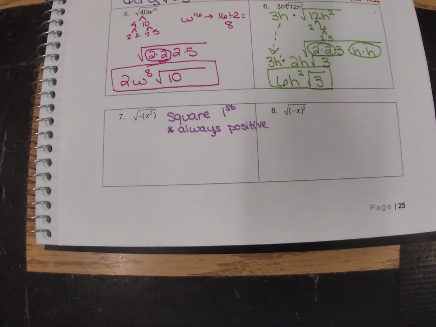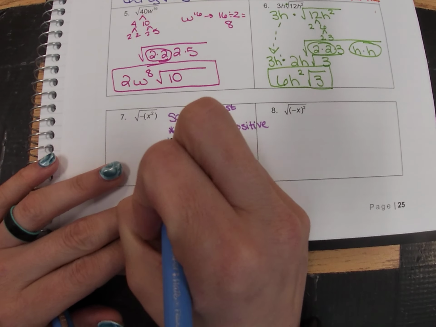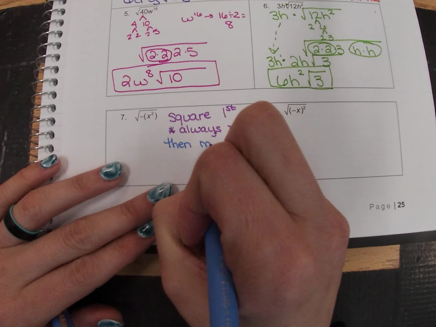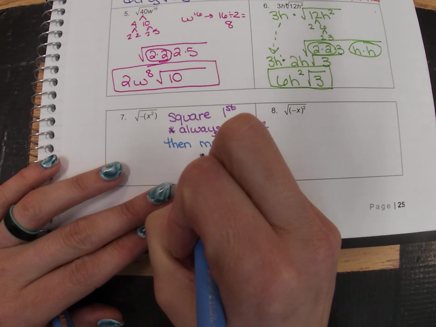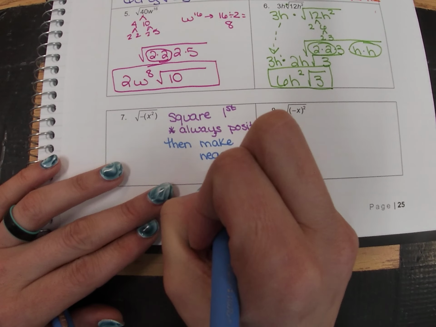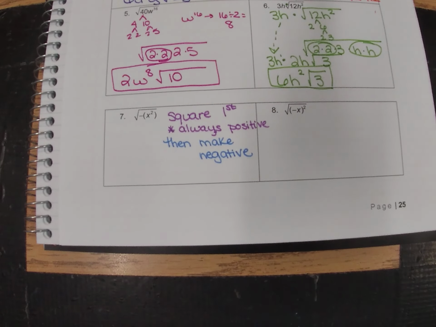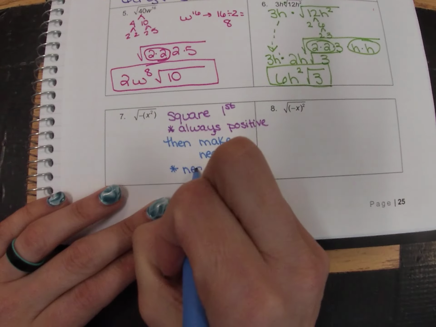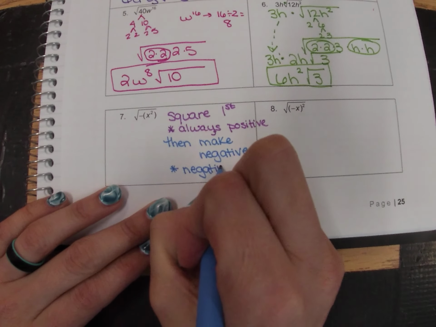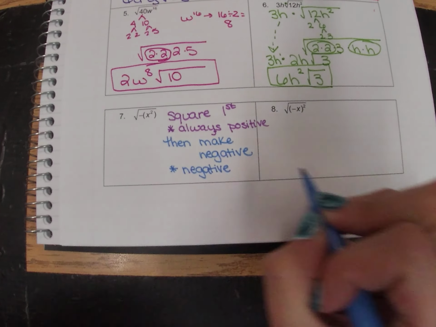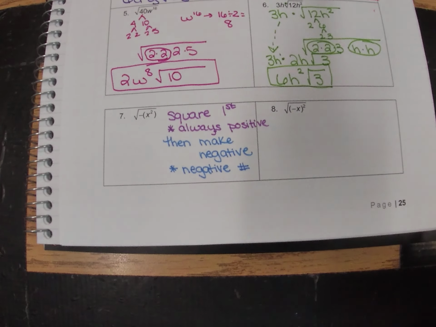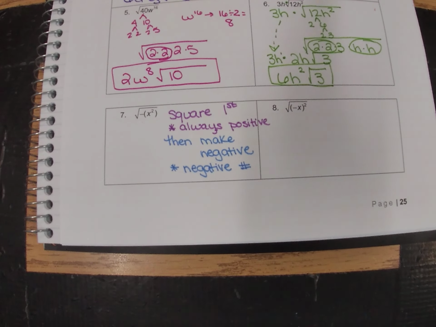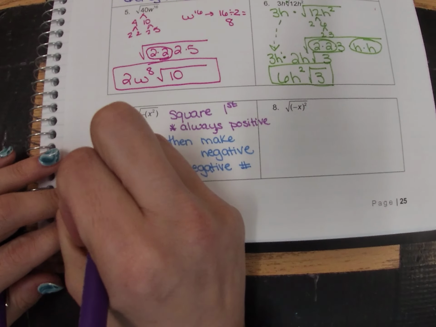Our second piece says to make it negative. If we take any positive number and put a negative in front of it, we end up with a negative answer. Now we're getting a negative number out, and if we're taking the square root of a negative number, we already know that this is a no real solution.